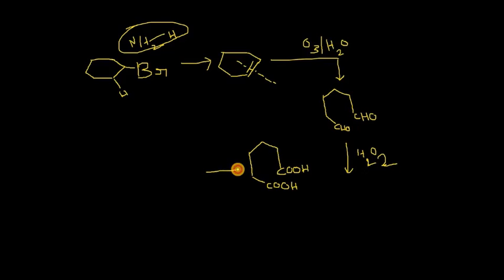Further, they are telling that it will be treated with barium oxide. Like soda lime, this BaO also forms its carbonate, and carbon dioxide will get removed from this product. Once the carbon dioxide is removed, you will be getting a compound like this.